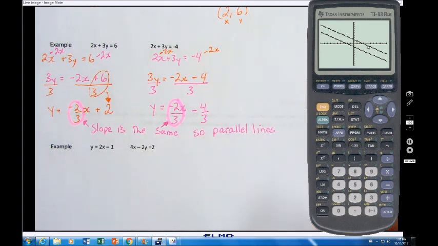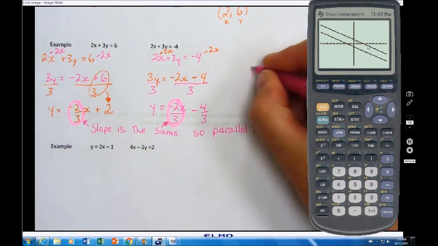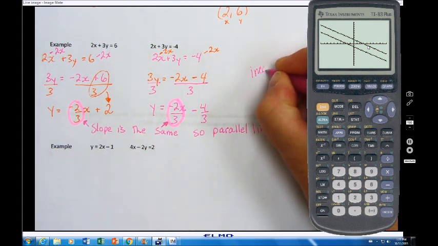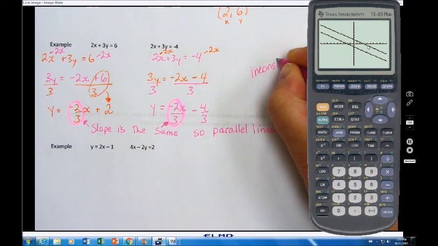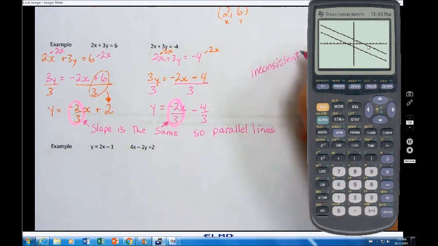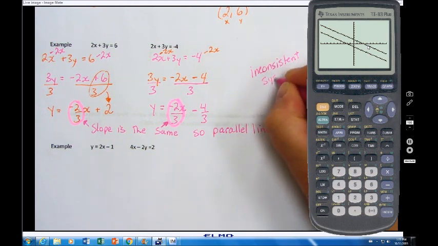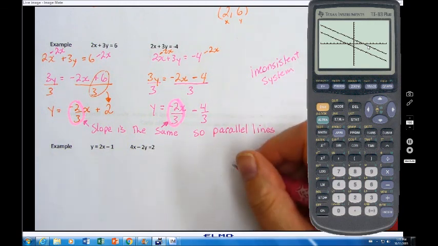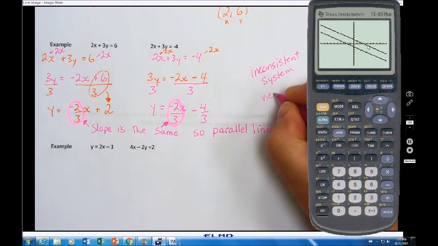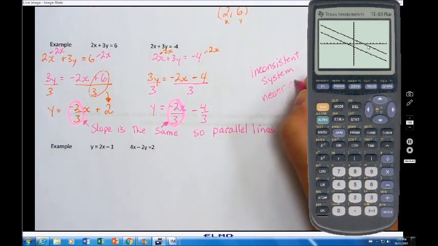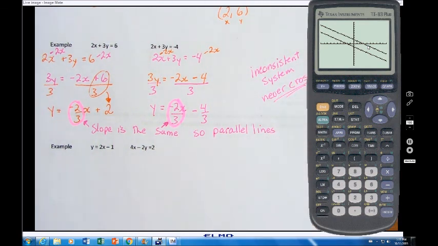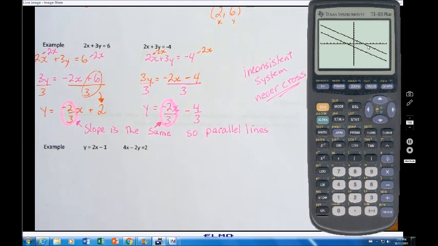This is what we call an inconsistent system. And if the lines are parallel, they will never cross. So there is no point of intersection. We can't find it because there is none. So the lines will never cross.